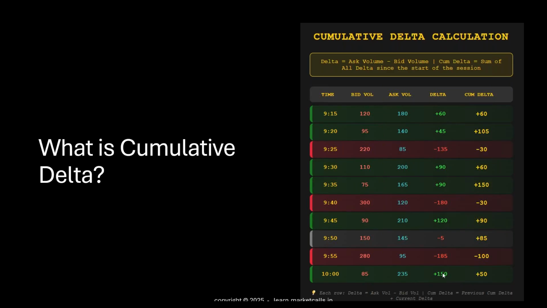So my cumulative delta, when the market starts, will be at 0, but then slowly my 60 will be added up. Now 45 plus 60 will get added up to 105, and then minus 135 will be added up to my current cumulative delta, which is minus 30. So every delta will be added to the previous cumulative delta value.